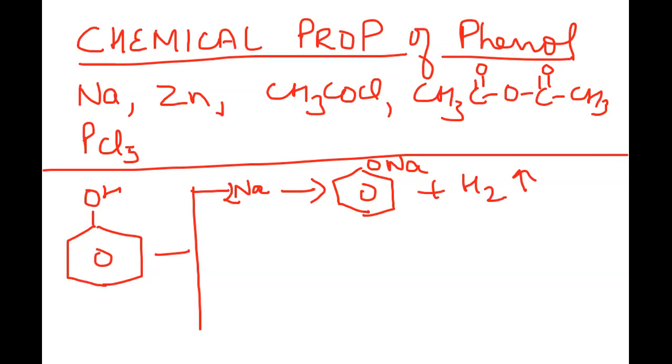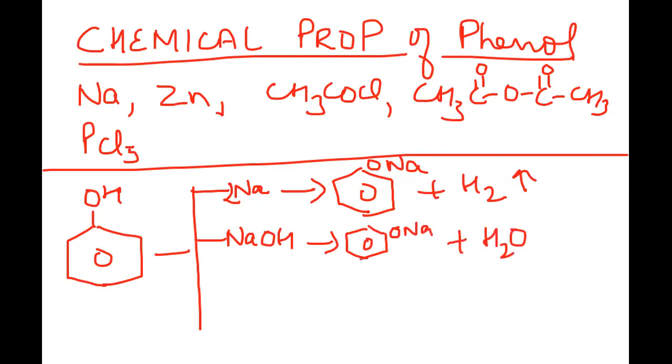Similarly, in the next case, if phenol is acidic, will it react with NaOH? Let us try it out. Now, NaOH is a strong alkali. Hence, it reacts with phenol, which is weakly acidic. So it gives the above reaction again to form sodium phenoxide, and it is going to give H2O and not hydrogen.